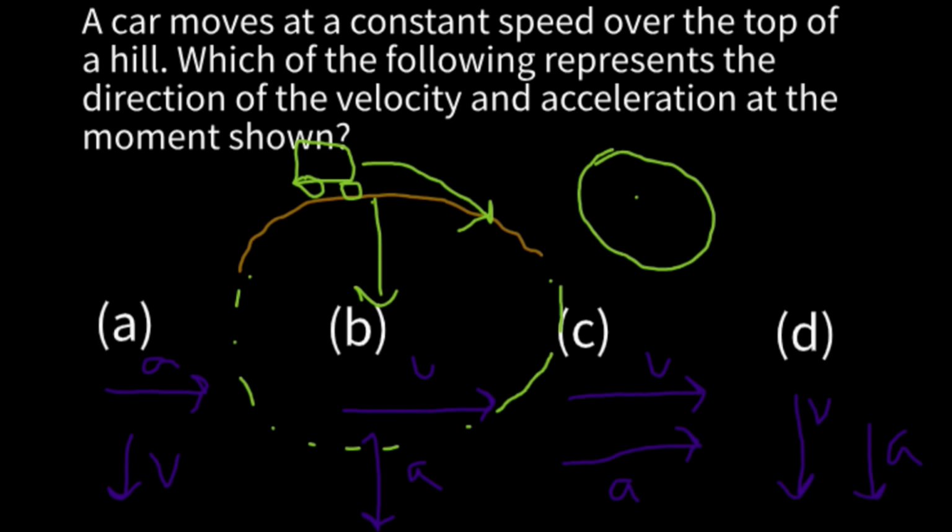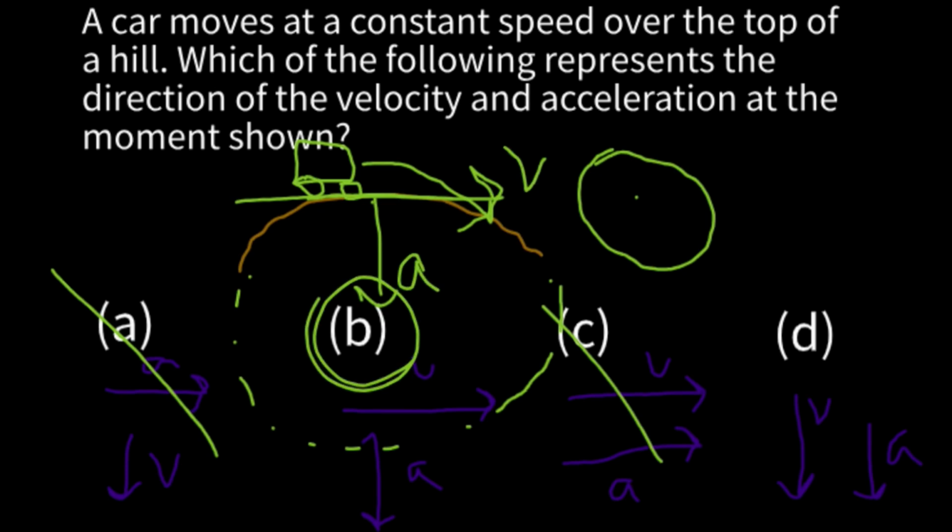That would rule out options A and C. Now, the tangential velocity is tangent, so it touches at one point where the car is. So the car is going to be moving to the right at this instant. Half a second later, it's not moving perfectly to the right anymore. So that's velocity, that's acceleration, and that gives us option B.